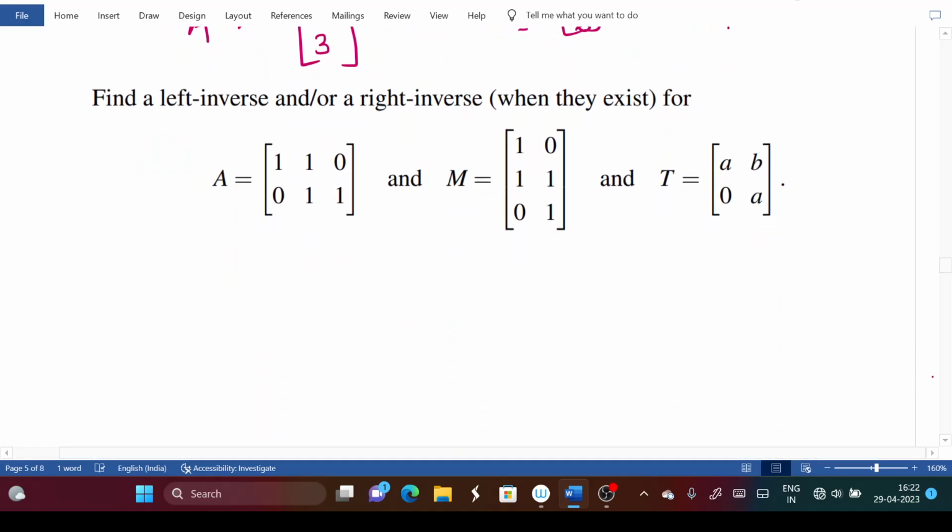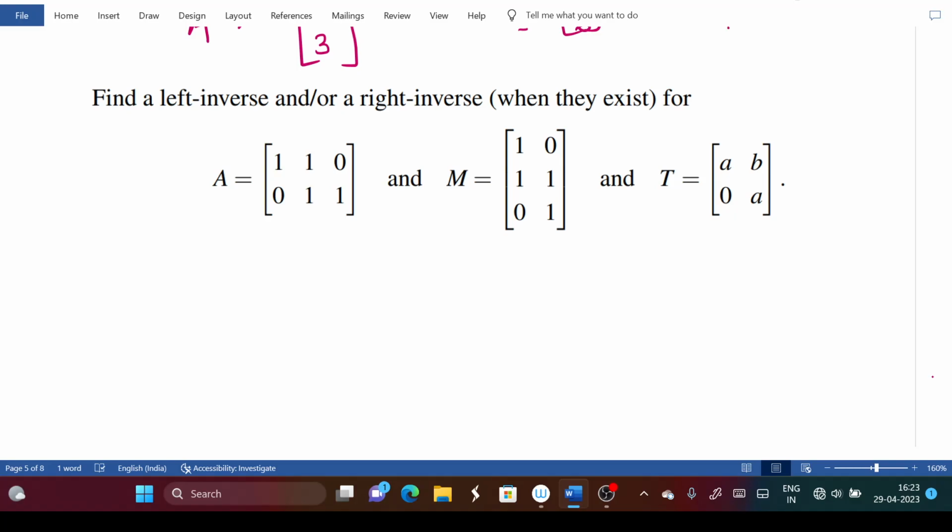Find the left inverse and the right inverse whenever it exists. Here, if A is a matrix of rank R, then A transpose has rank R. One can observe that A and M are transposes of each other.